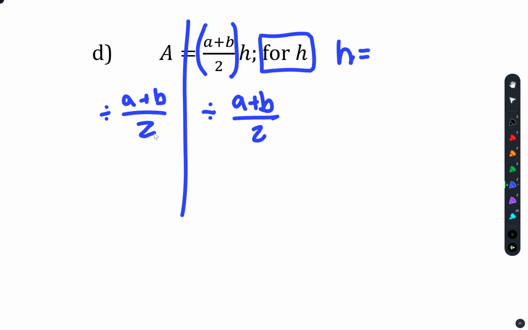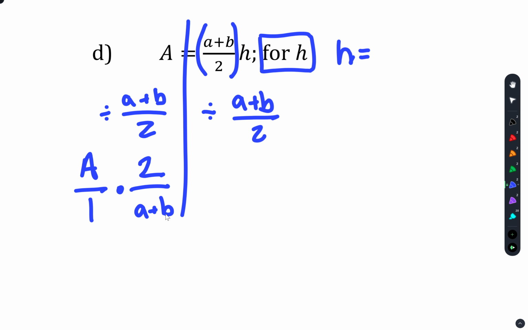Okay, hear me out here. Here's my first part. How do I write A as a fraction? A over 1. So I keep this first one the same. I'm going to change the sign to multiplication. And then the reciprocal of A plus B over 2, flip them upside down: 2 over A plus B. I know, that was not nice.